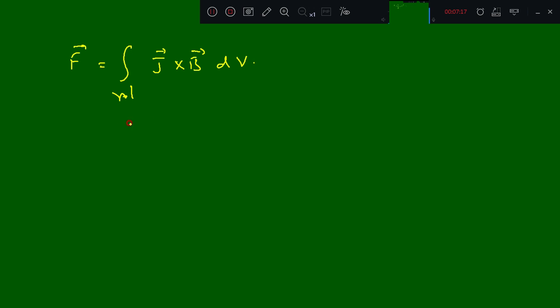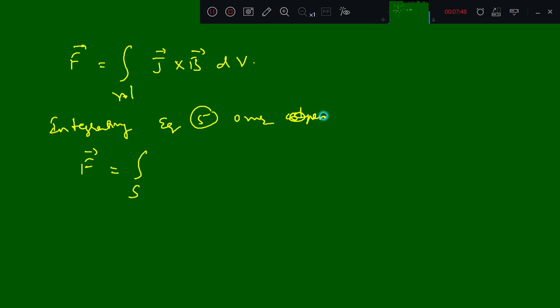Integrating equation number 5, where K and B are present, F is equal to the integral over surface S, open or closed, of K cross product with B into ds.